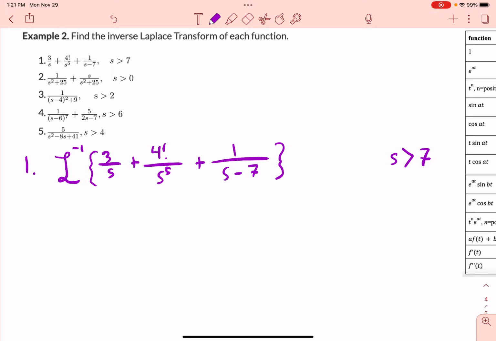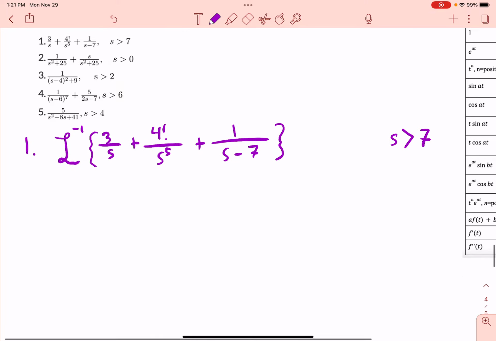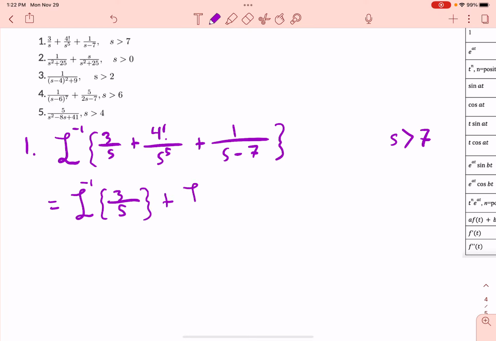Okay. The first thing that we can do, and the thing that makes it manageable, is that we have this linearity condition that works in this direction as well. So we can look at the inverse Laplace transform of each of these things. So this is equal to the inverse Laplace of 3 over s plus the inverse Laplace of 4 factorial over s to the 5th.